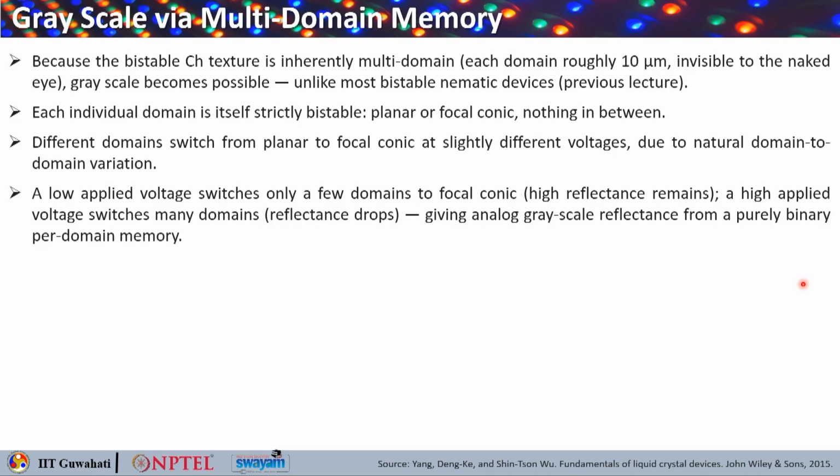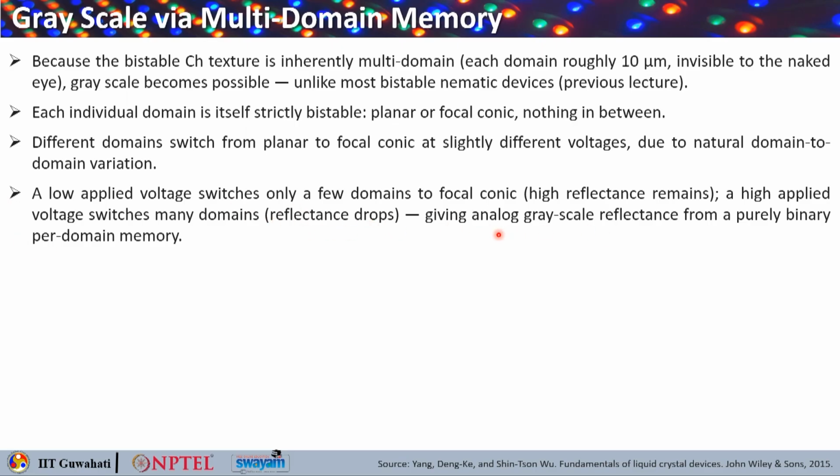Now a low applied voltage switches only a few domains to focal conic, so your high reflectance remains, because that is what happens in the planar regime. When a high applied voltage is applied, it switches many domains to the focal conic, where the transmittance picks up and your reflectance drops.